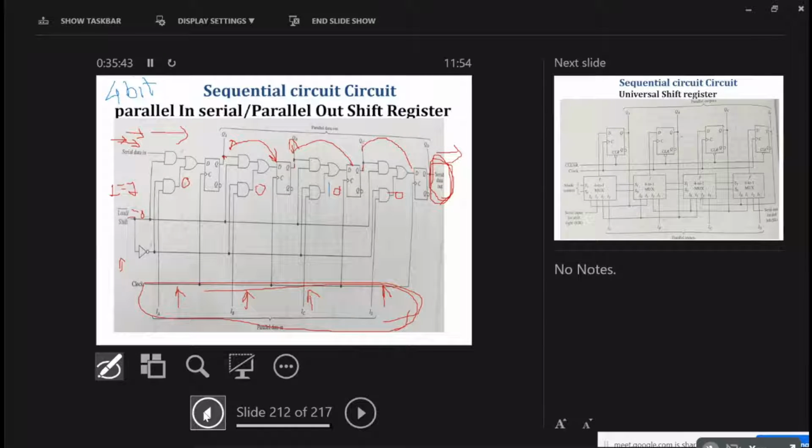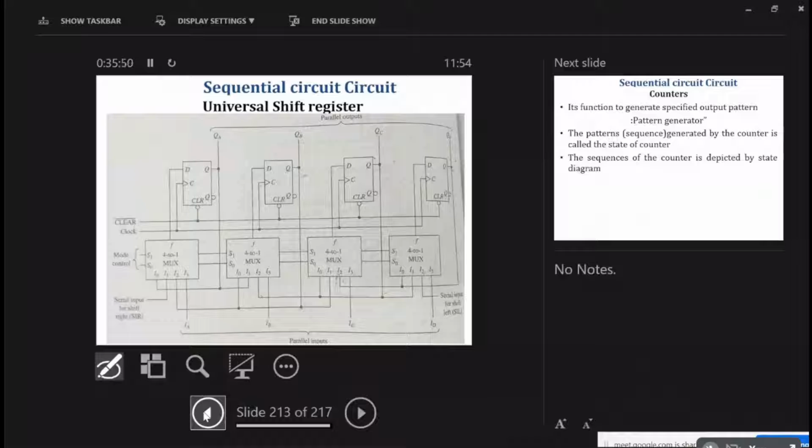So there is a universal shift register which we can utilize for shifting the information either in the left direction or in the right direction. To perform the bidirectional shifting operation in the shift register, we need to use some additional circuitry.